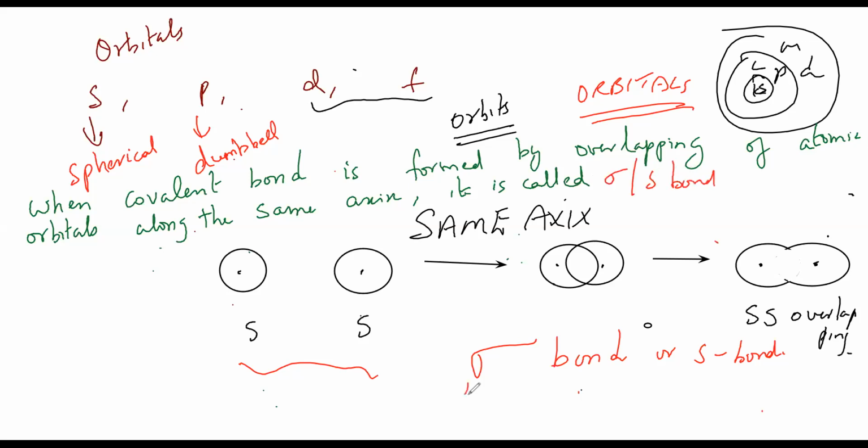This is called sigma. This may be a new term for you. Sigma bond is also called single bond. This single bond alone won't be there in the book. This is out of experience, I'm just telling you. Okay, you can copy down this.